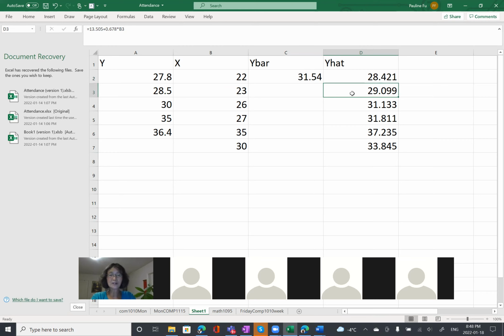That is the beauty of Excel. You see, it goes to B3. When I go to the next one, the x becomes 26, which is B4. It automatically goes to the next x when I drag it down. Does that answer your question?